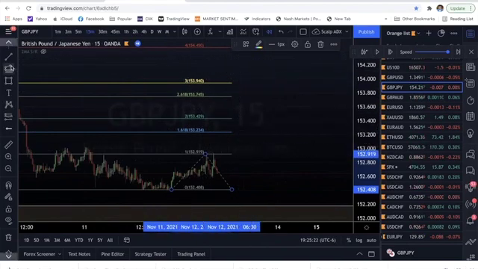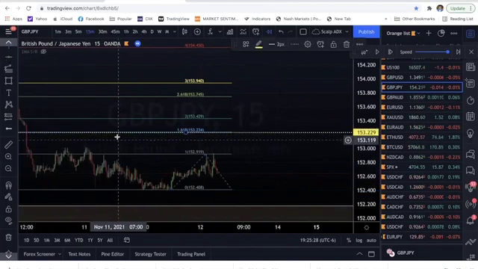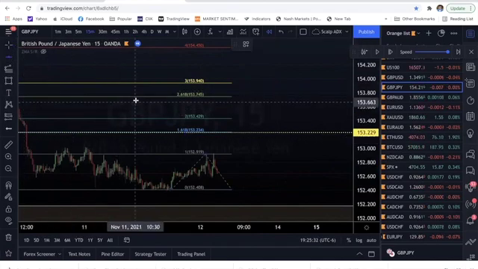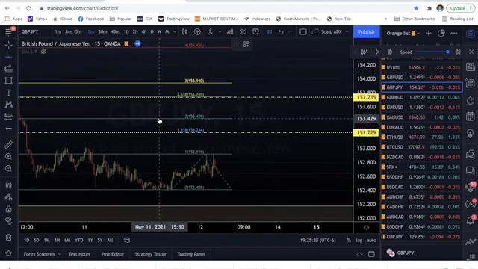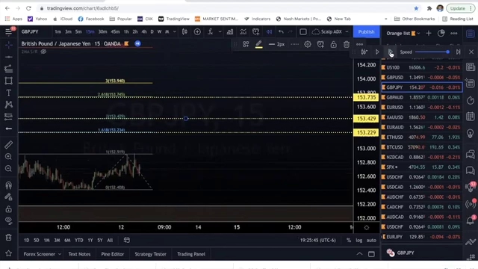So I can set this, let me do my horizontal line. This is gonna be my take profit 1. I can say this would be my take profit 2. Okay, let's do 1, 2, and 3. All right, and this is my take profit 1, 2, and 3. All right, so let's fast forward this and see where we go.